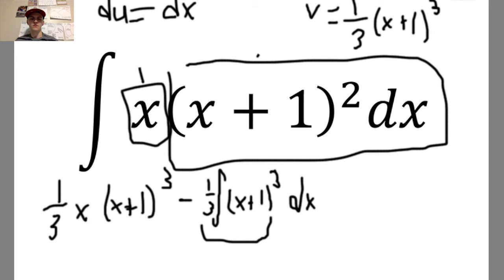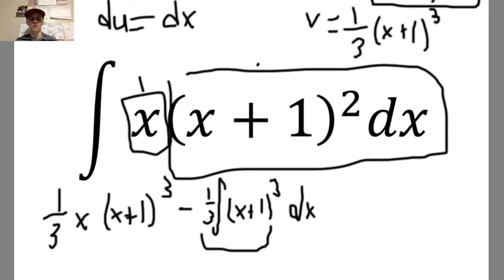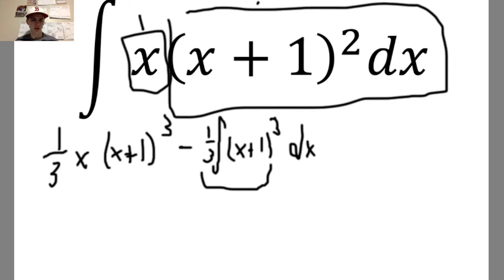So if this part of the equation gets more complicated, then switch out u for something else and go through it again. If it's still complicated, then you'll have to use a different technique.